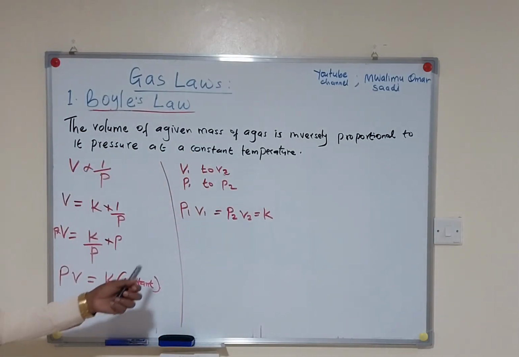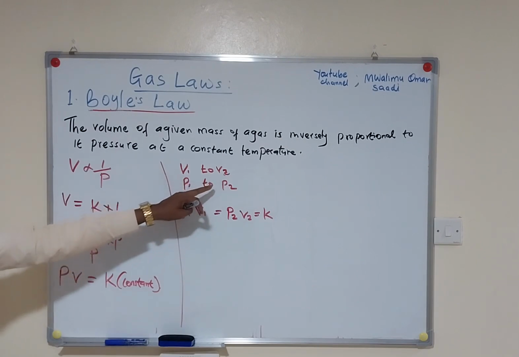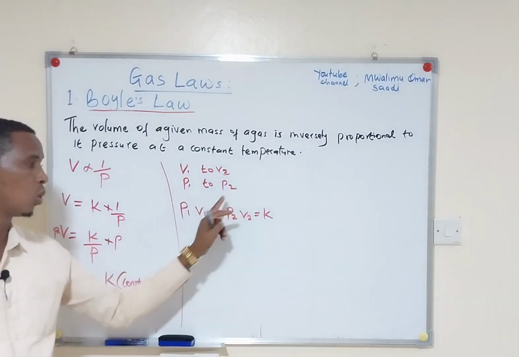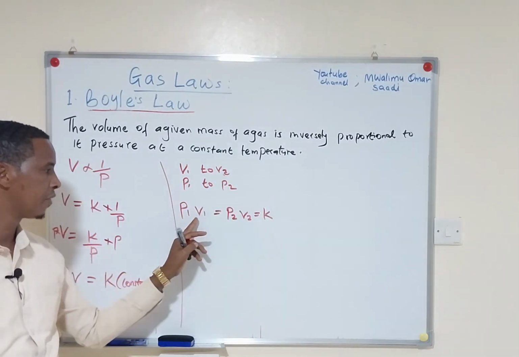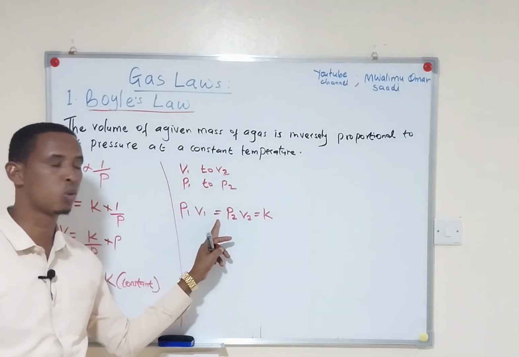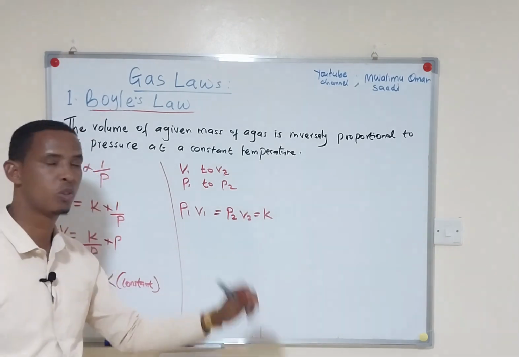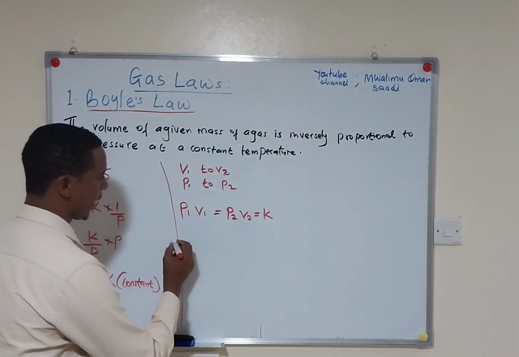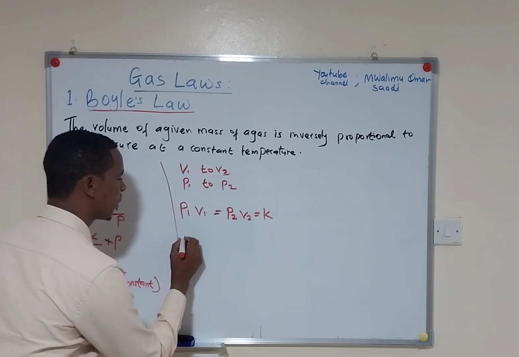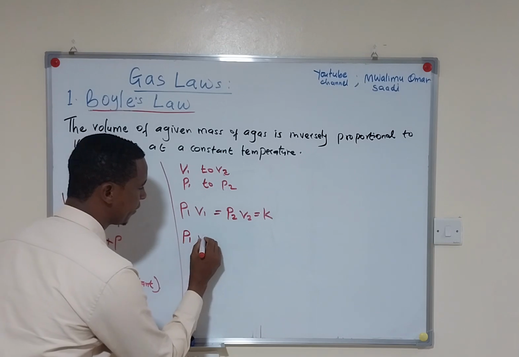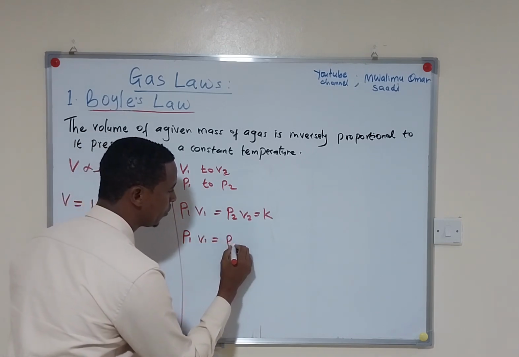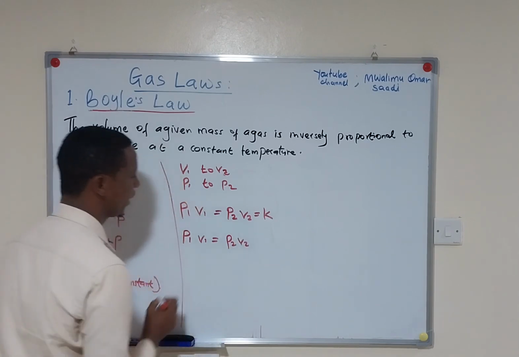So the volume changes from V1 to V2. The pressure will also change from P1 to P2. So this will give us P1 V1 is equal to P2 V2, which is equal to a constant.